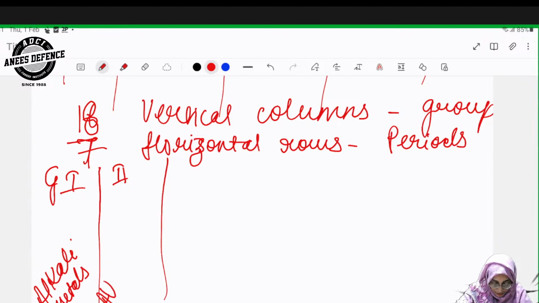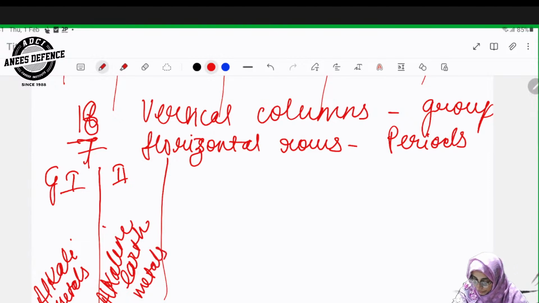The other groups have no particular name: they are the boron family, carbon family, nitrogen family, oxygen family.